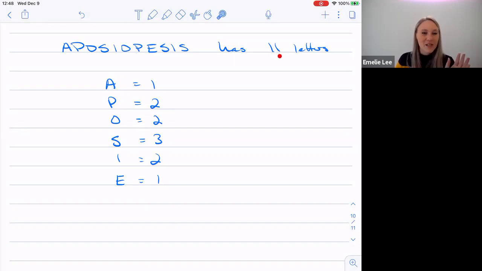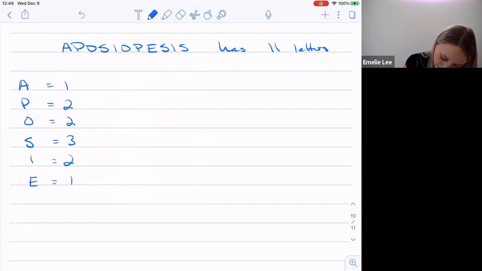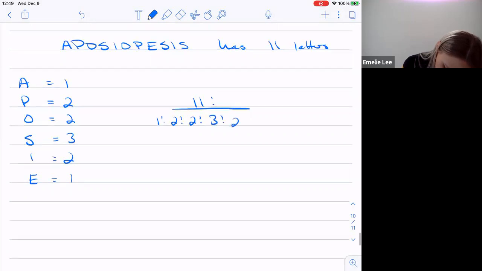So we've got 11 factorial divided by 1 factorial times 2 factorial times 2 factorial times 3 factorial times 2 factorial times 1 factorial. You can ignore the 1 factorials, but I think it's easier to look at if I have all of them in there.